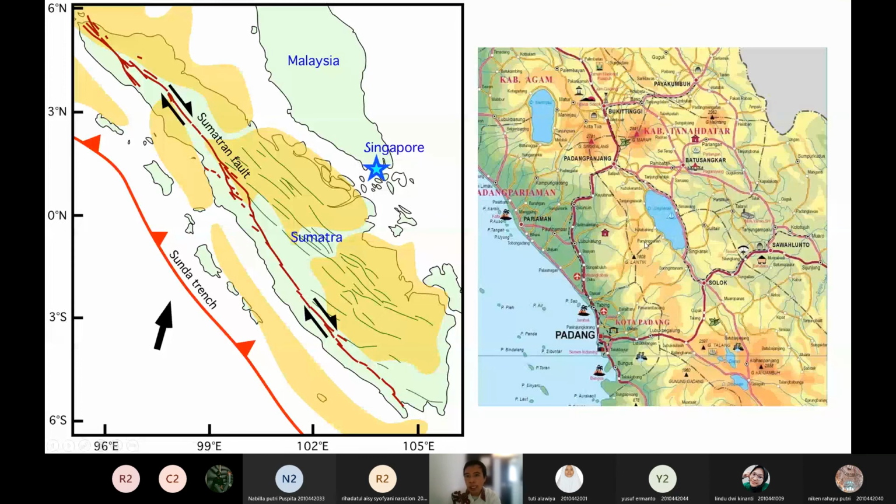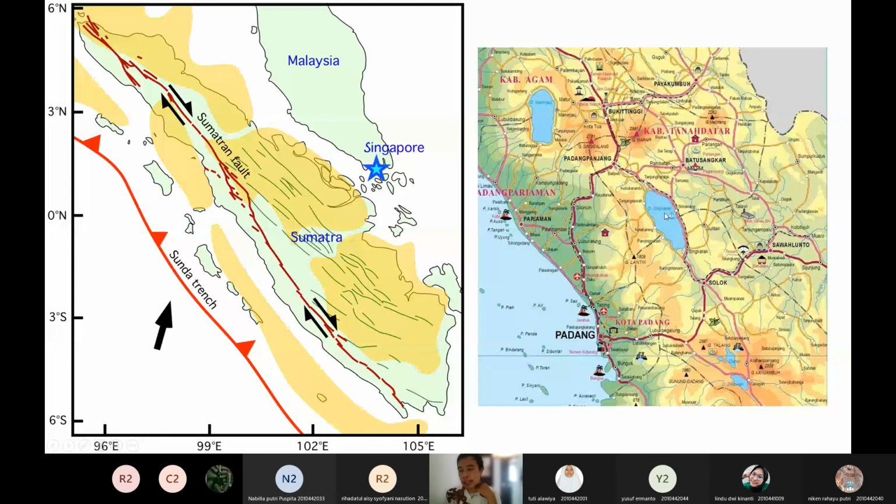And there is also proof, something remaining from a previous geological process, like a very high volcanic mountain, and Maninjau Lake is the crater. So Maninjau Lake is actually a volcanic lake, but Singkarak Lake is a tectonic lake.